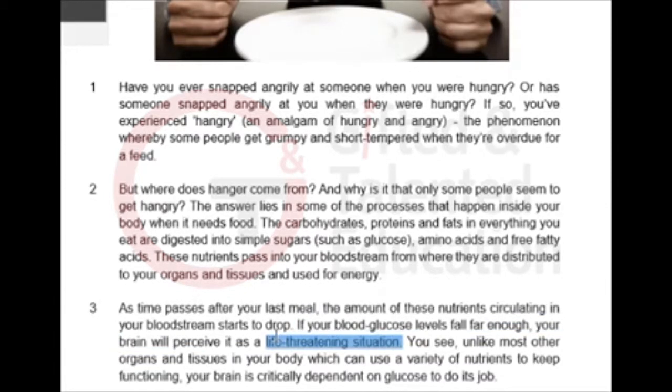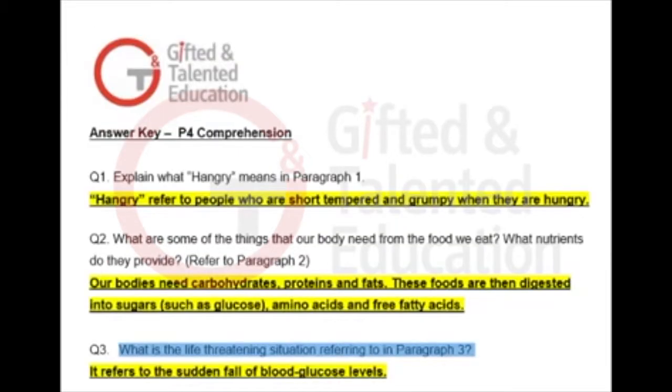But what does it refer to? Take a look at the clues around these keywords. If your blood glucose level falls far enough, your brain will perceive it as a life-threatening situation. So there you go. To solve question 3, the life-threatening situation refers to the sudden fall of blood glucose levels.